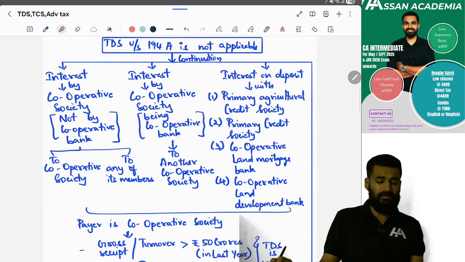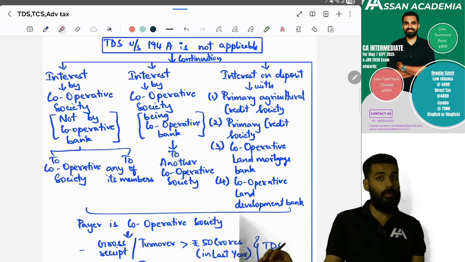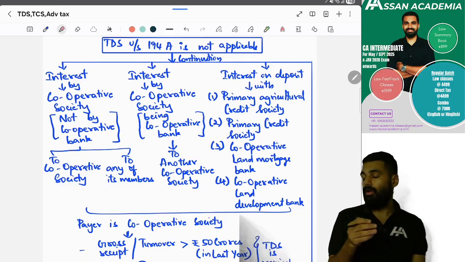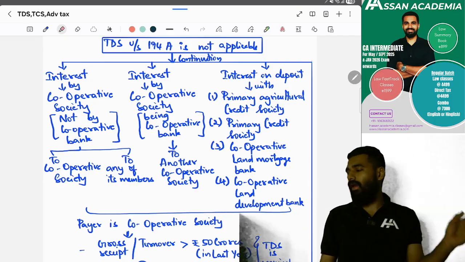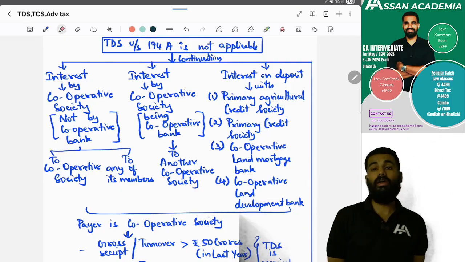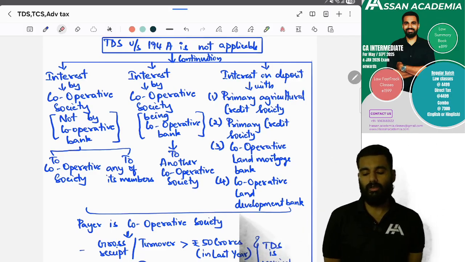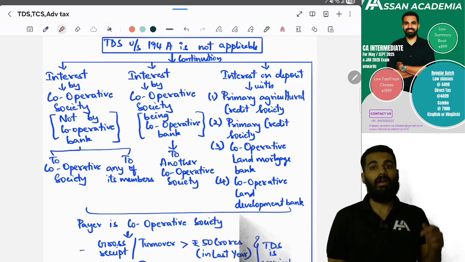If interest is given by a cooperative society, not a cooperative bank, to a cooperative society or to any of its members, or interest is given by a cooperative bank to any cooperative society, or interest on deposit is with the primary agriculture credit society, primary credit society, cooperative land mortgage bank, and cooperative land development bank.